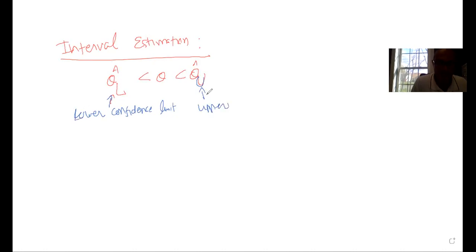L stands for lower, U stands for upper. Right, guys? So these are the endpoints of the interval.